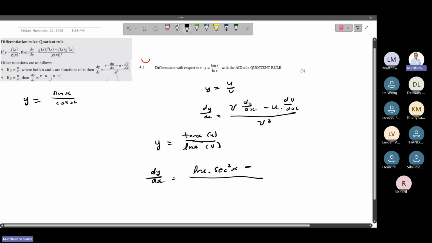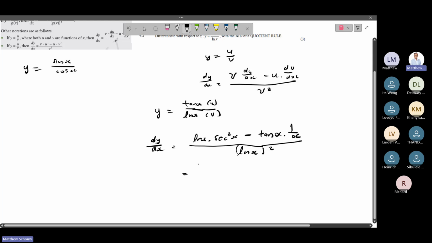Then we have minus u, which is tan x. And then the derivative of ln x, by now I should know, is 1 over x. And then v squared should be ln x squared. Okay, can't do much with that.